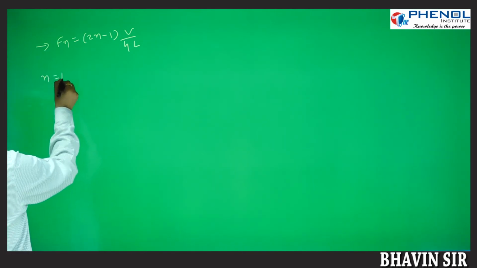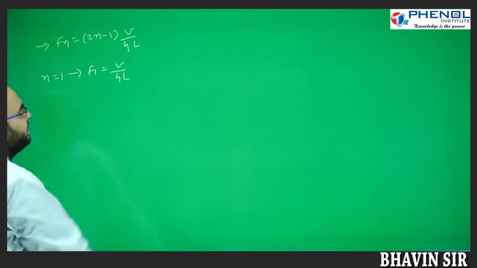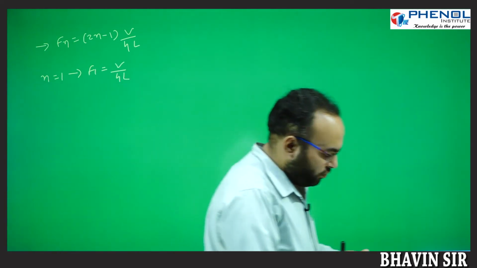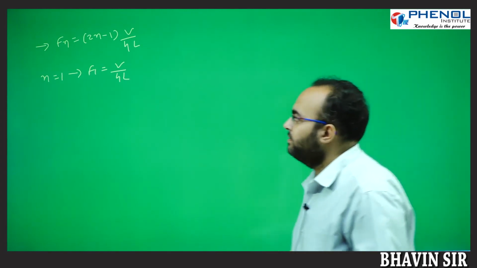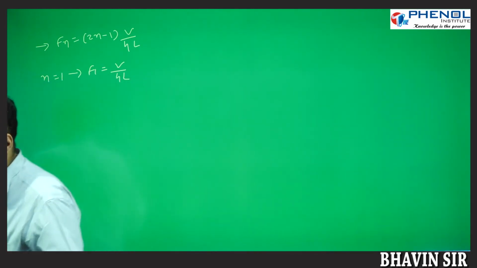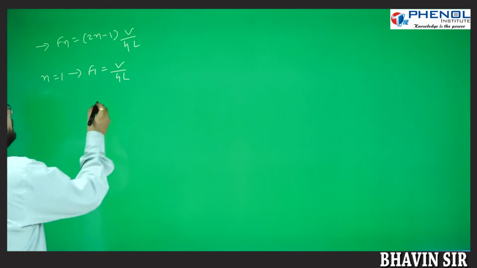If we take n equal to 1, then we get v by 4l. Now it is known as what?